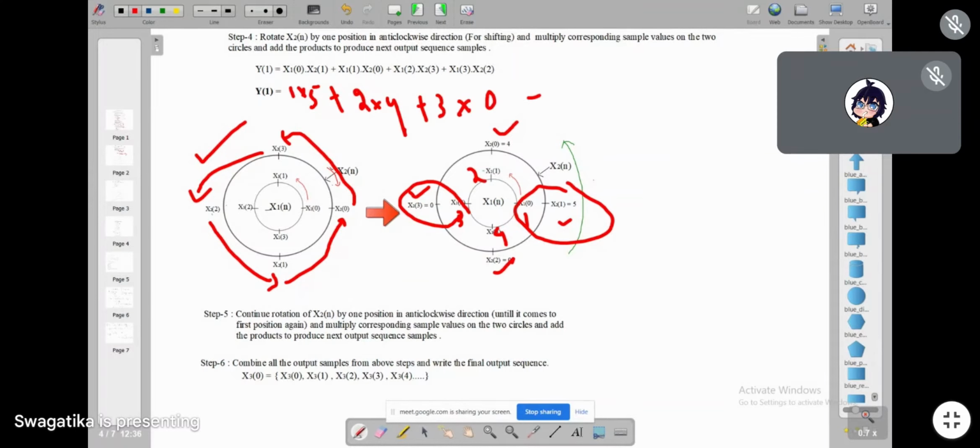Plus 4 into 0. So how much are you getting? Hmm. 13. Now you can draw the next one.